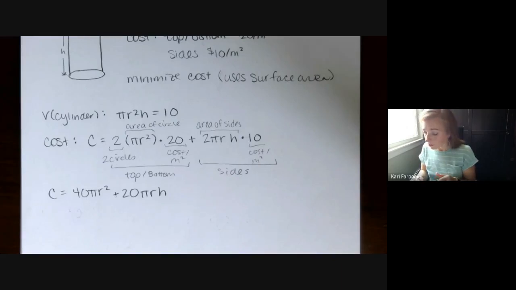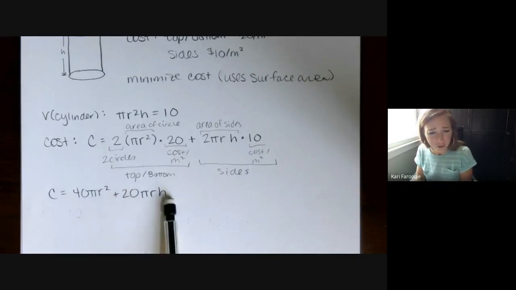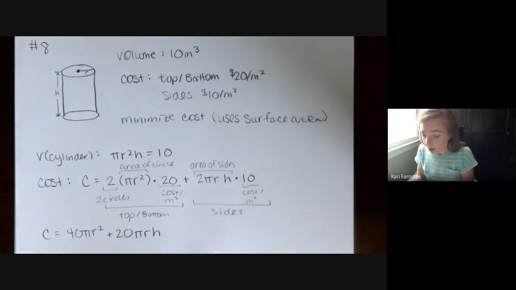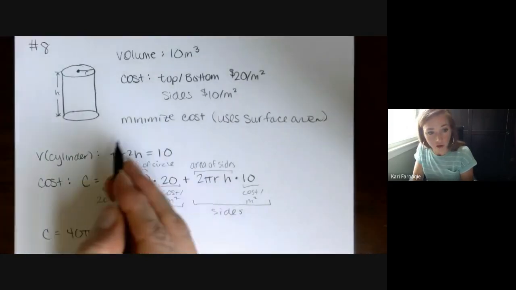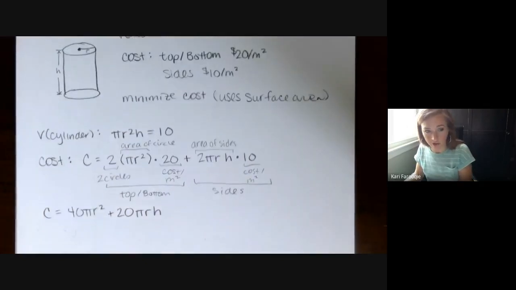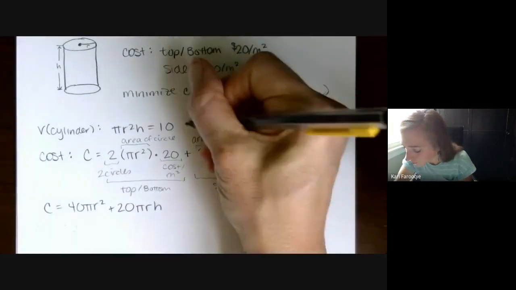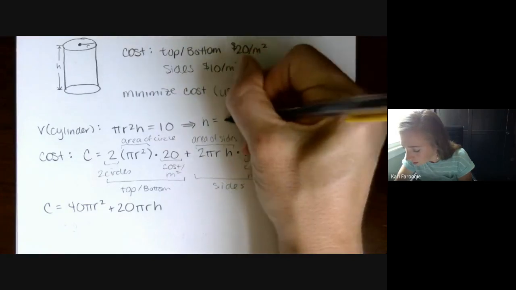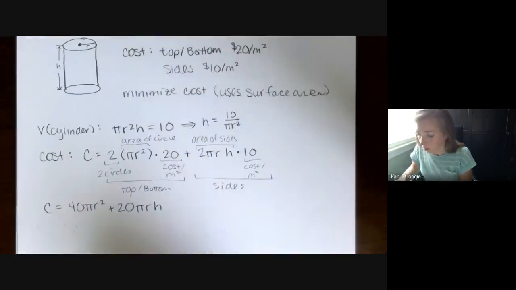And now we're going to rewrite this equation to be written in terms of one variable. I only have one h, so that's going to be the easiest one to sub out. And that's going to be nice for us here too, because I just have h to the first power, so it's going to be easy to solve for h. So I can write that h is equal to 10 divided by pi r squared.